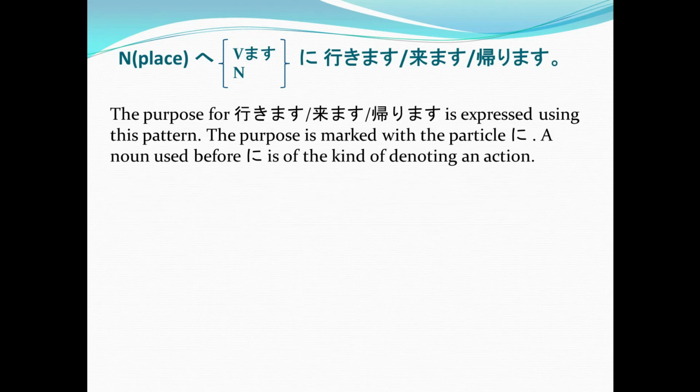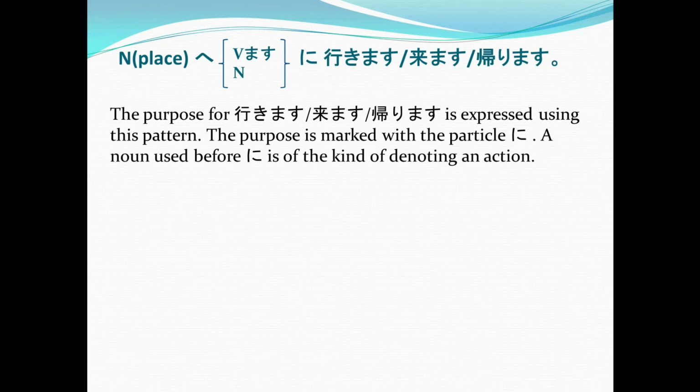So the purpose for ikimasu, kimasu, kaerimasu is expressed using this pattern. The purpose is marked with the particle ni. A noun used before ni is the kind denoting an action. In this one, we will use the verb in the masu form, but we will remove the masu, then replace it with ni, and then ikimasu, kimasu, kaerimasu.